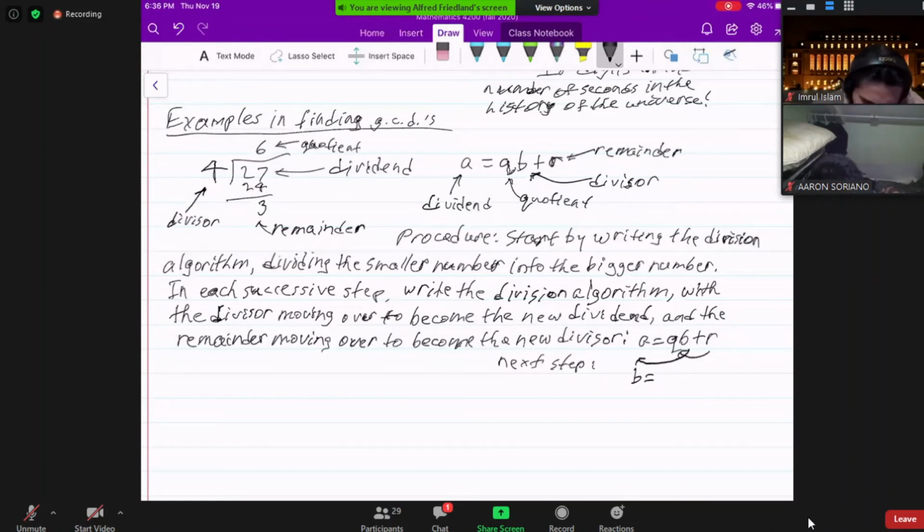So the old divisor B moves over and becomes the new dividend. B equals some Q sub 1. I don't want to use the same Q because, and the previous remainder moves over and becomes the new divisor, and then we have some other remainder, R sub 1.